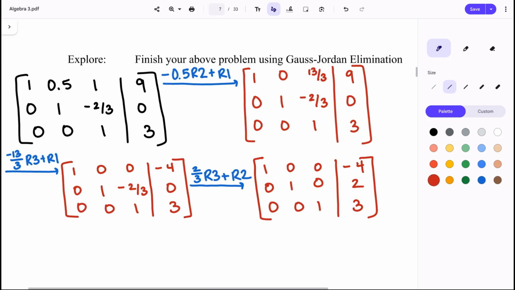Is negative 0.5 times negative 2/3 4/3? And not 13/3? But then you have to add row 1 to it. So it'd be 4/3 plus 1.